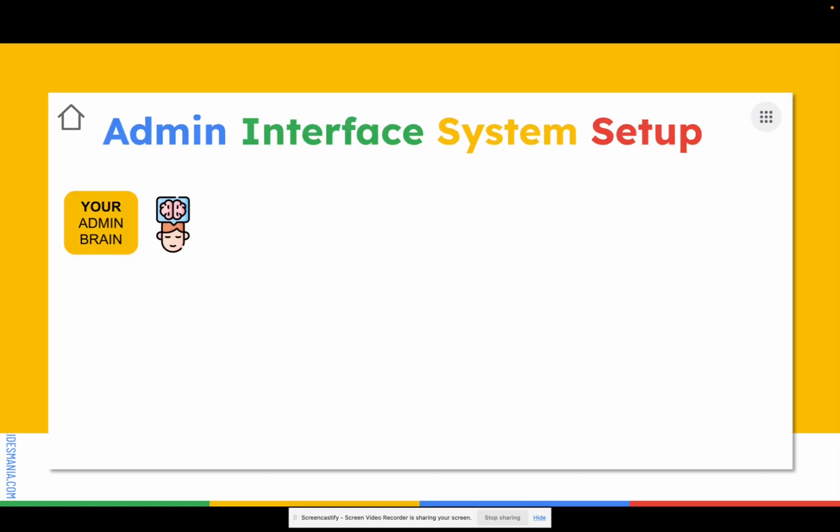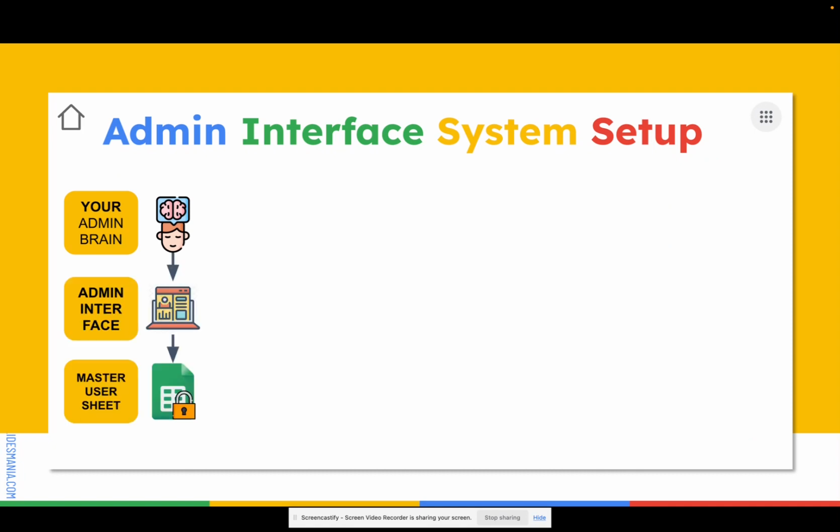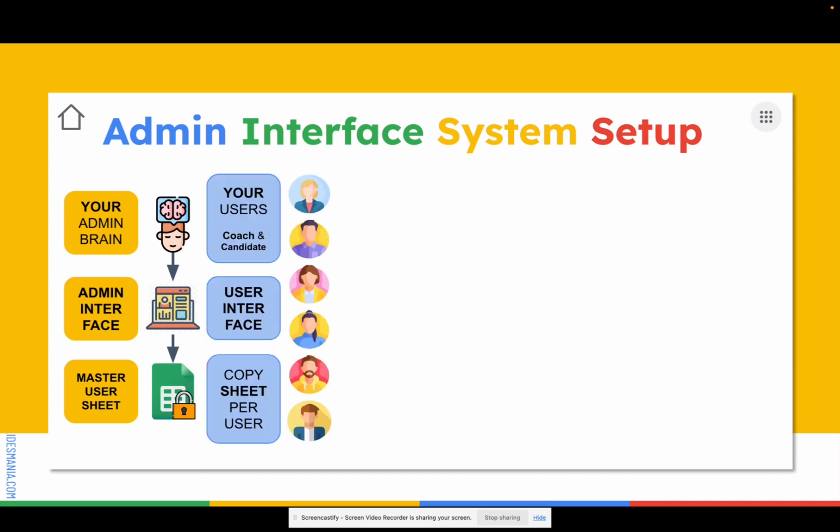So how the admin interface system is set up: it comes from your brain and goes to a master user sheet. You'll see in this demonstration two master user sheets. One is a coach application, the other is a candidate individualized induction program document.